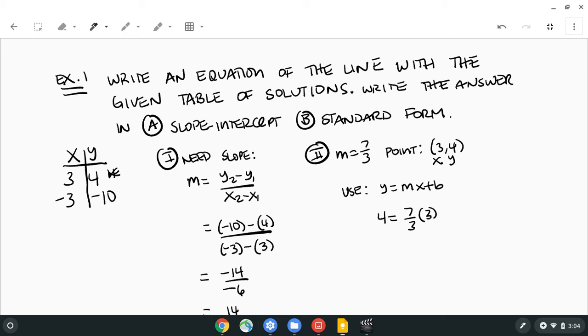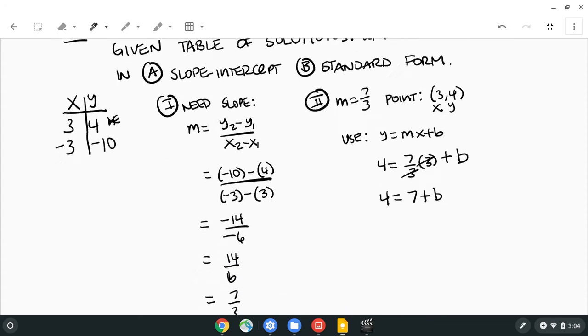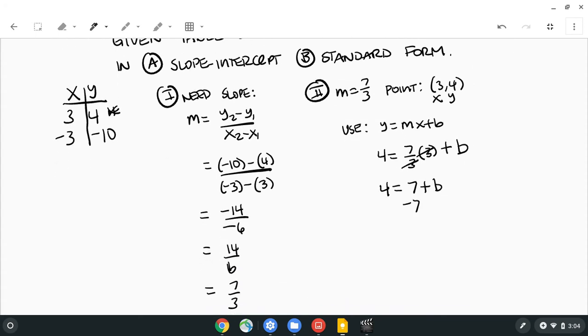And b is the one we don't know, but we can solve for it. Having x as 3 is convenient because that actually cancels out our fraction. So we end up with 4 equals 7 plus b. And now I can solve for b. And I get negative 3 equals b.